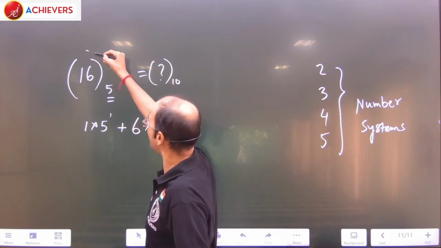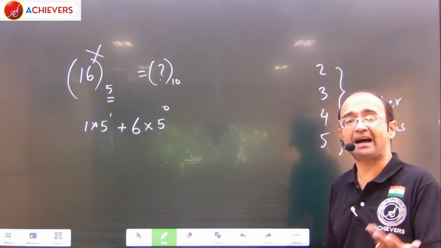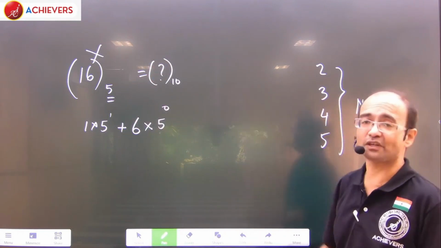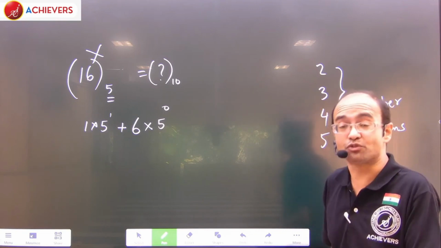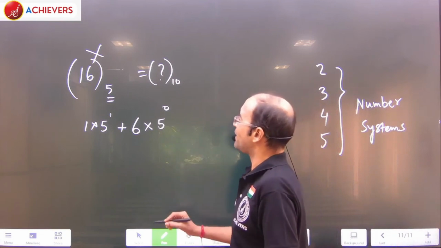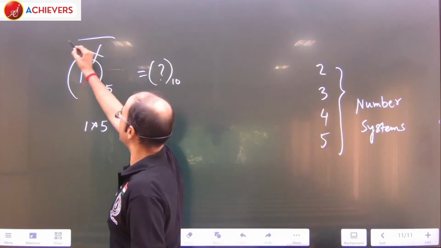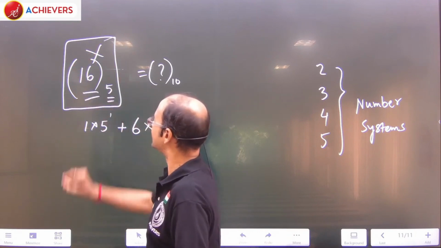So this is wrong. In your interview or in your viva, if this type of conversion is given, that is just to confuse you. Without being confused, we have to say we cannot have a number in the pentanary number system as 16.